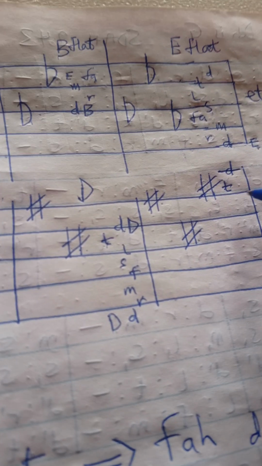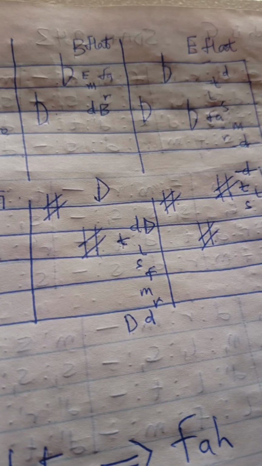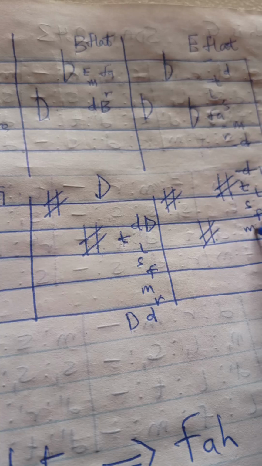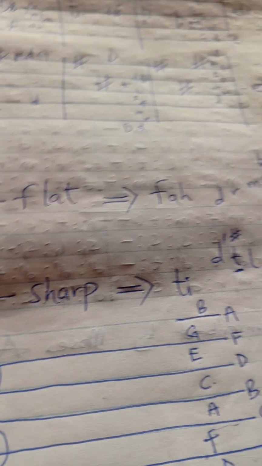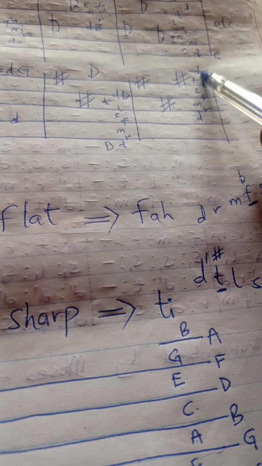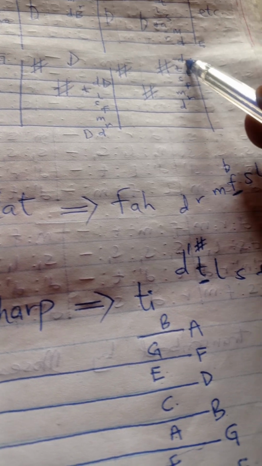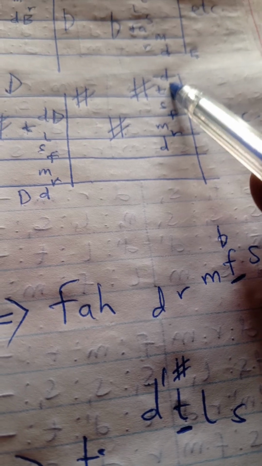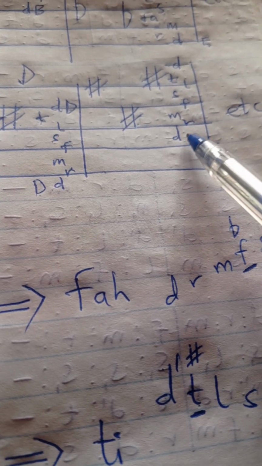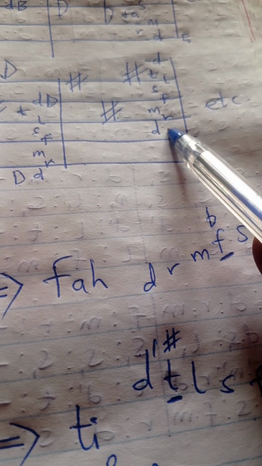Ti, la, so, fa, mi, re, do. The do fell on the first line above the staff and also fell on the second space.